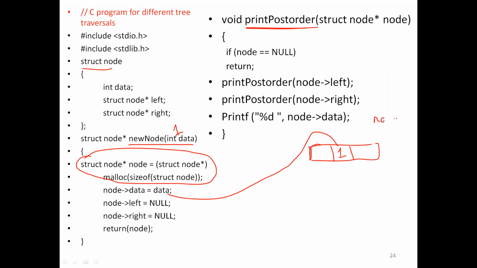The node pointer variable has some address, let it be 100. So 100 is stored in the node. That's all, we are creating a node.